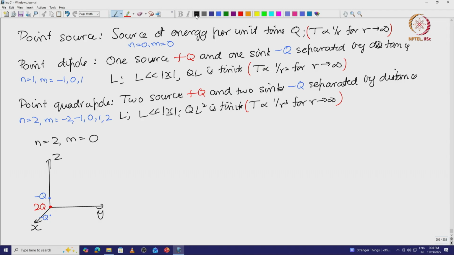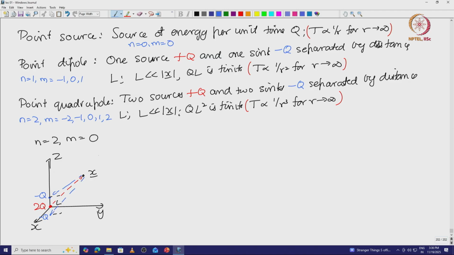So, the distance between these is L. I have an observation point x over here, and I have to find the temperature field due to the source over here, as well as these two sinks. Superposition once again.